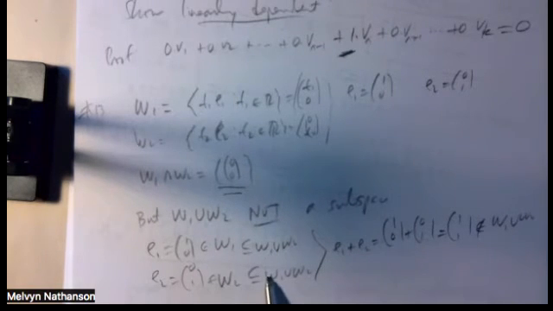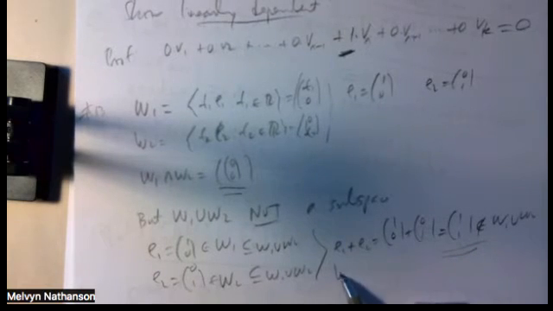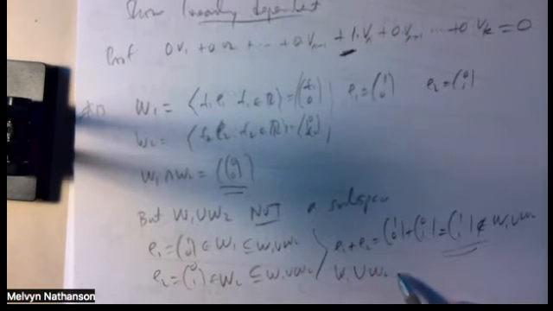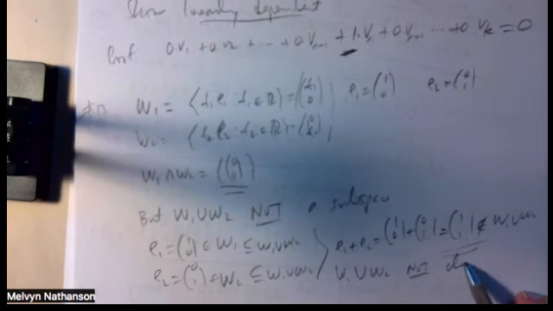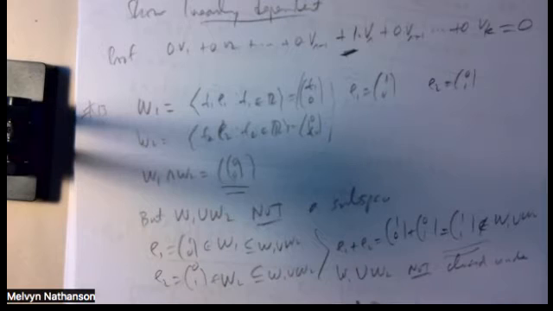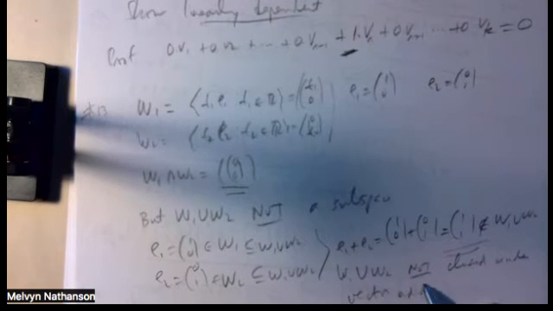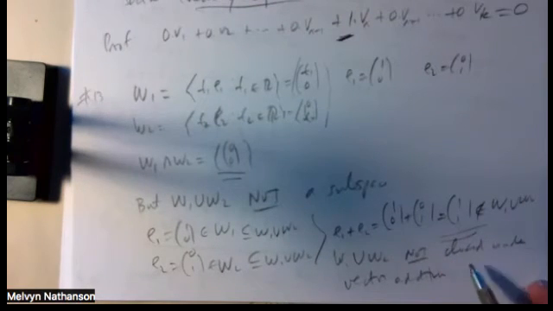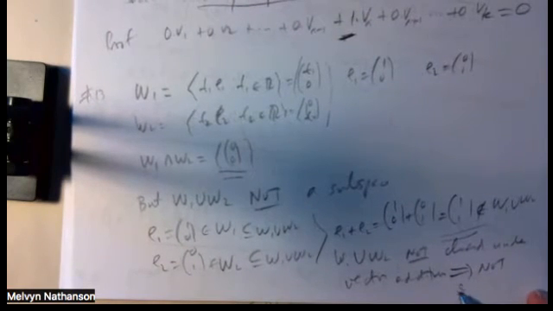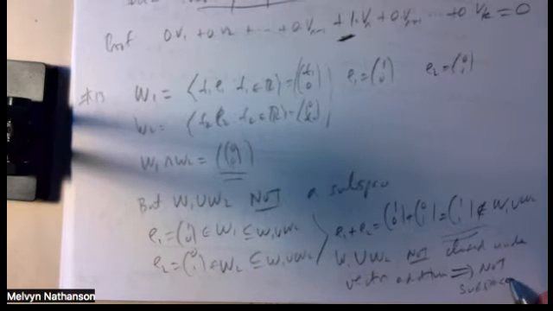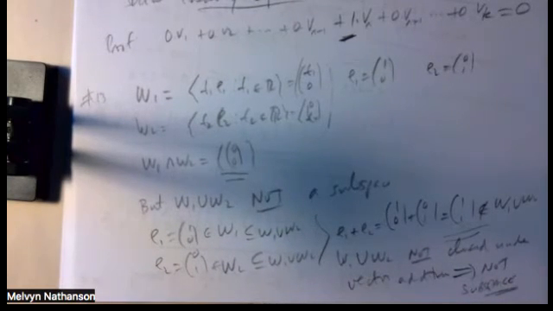Because the union of those two subspaces is vectors that have at least one coordinate equal to 0. And this vector has no coordinate equal to 0. So W1 union W2 is not closed under vector addition. So not a subspace. That's the proof.